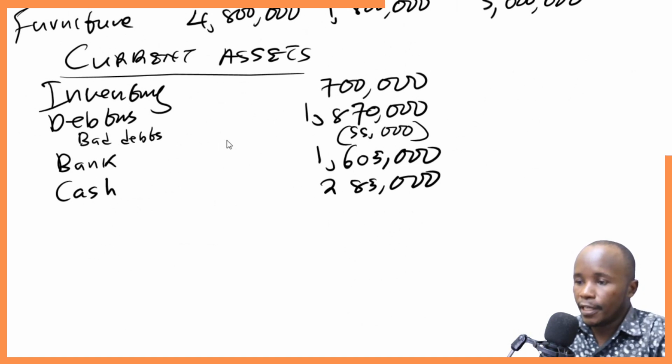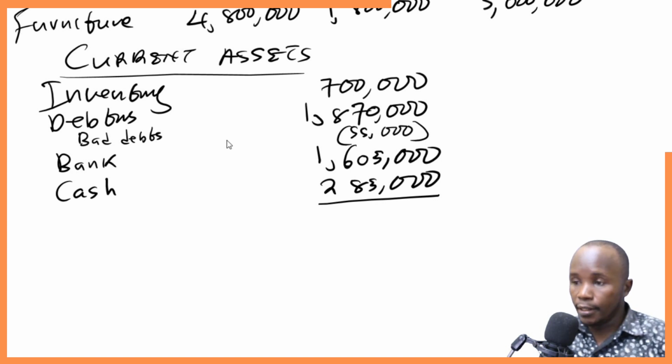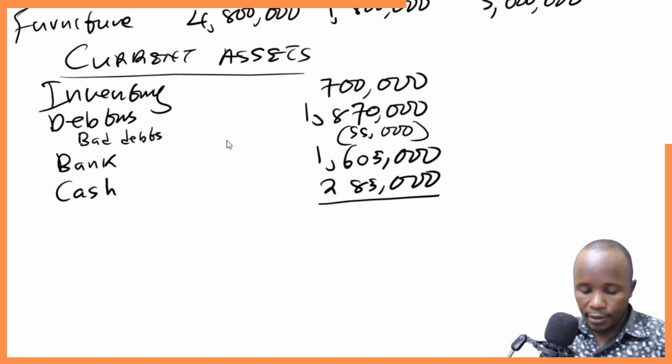So let me first of all get these totals here. This is 700,000 plus 1,870,000 minus 55,000, plus 1,605,000 plus 285,000.